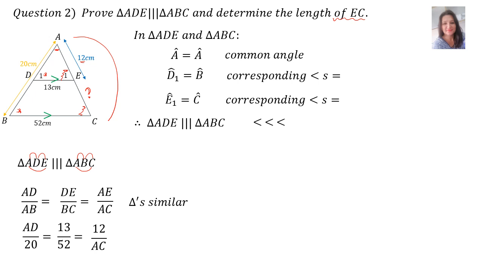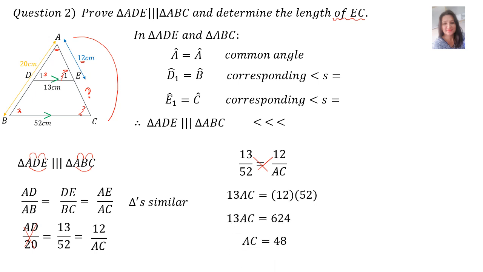So in this case, it's bye for now for this one, and we will work with the 13 over 52 is equal to 12 over AC. And then we can cross multiply. 13 AC is equal to 12 times 52, which is 624. Divide away the 13, therefore AC is 48.